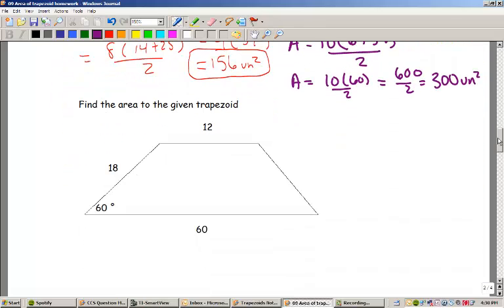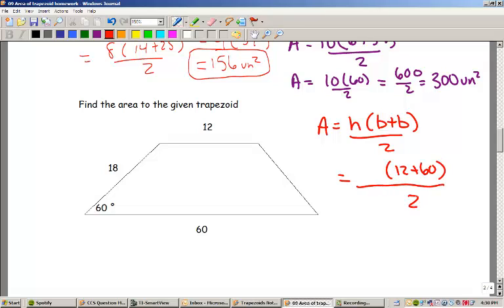And the last one. Okay, what we have is the top base, the bottom base, but we don't have the height. So let's just start off and write down h times (b plus b) all over 2. And the nice thing is, again, I have my bases. The bad thing is I don't have my height. But again, the angle in the corner is 60. You drop your altitude down.